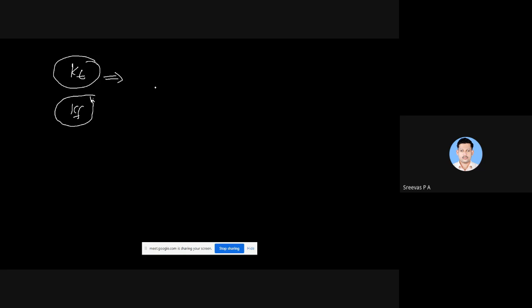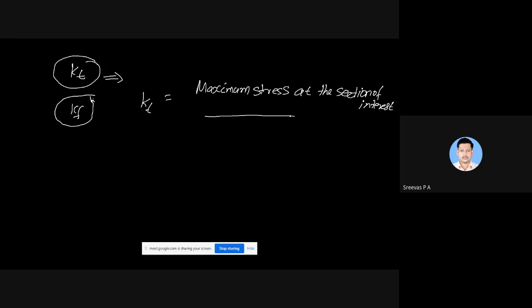Okay, I will write Kt is equal to maximum stress at the section of interest divided by nominal stress at the section of interest.